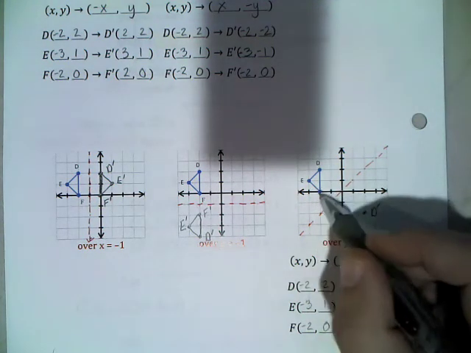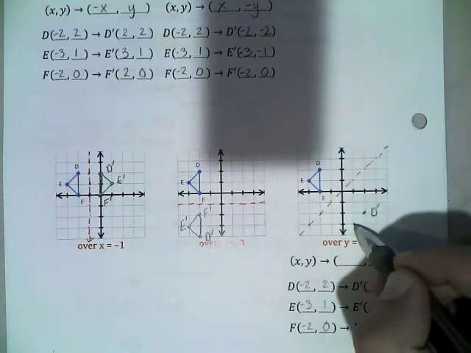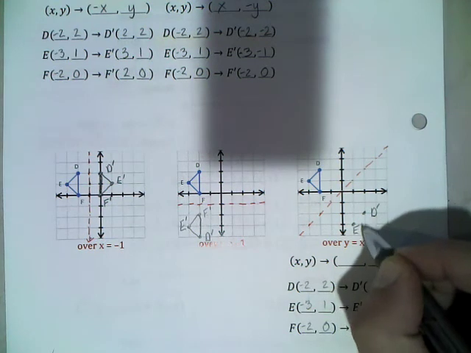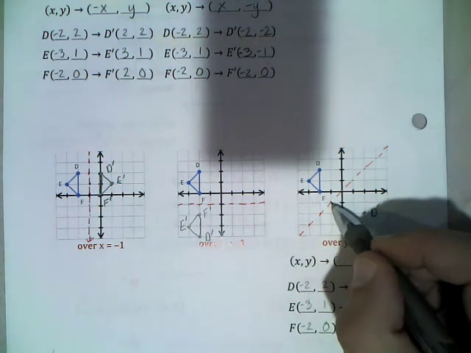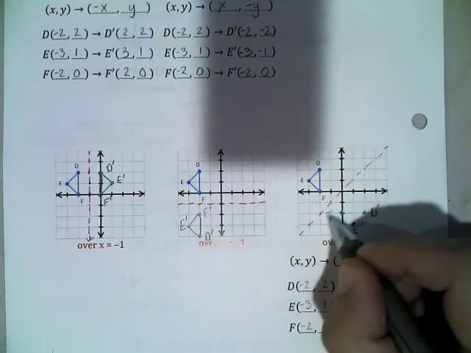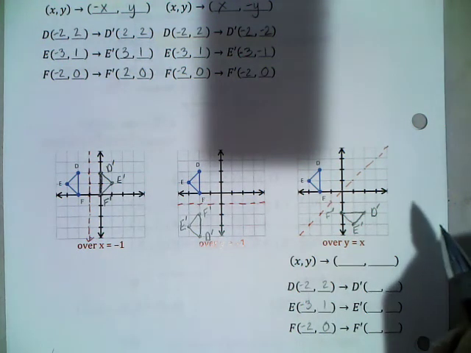E is 2 diagonals away, so 2 on the other side is E prime. And finally F is just a single diagonal, so a single diagonal on the other side. Connect my dots.